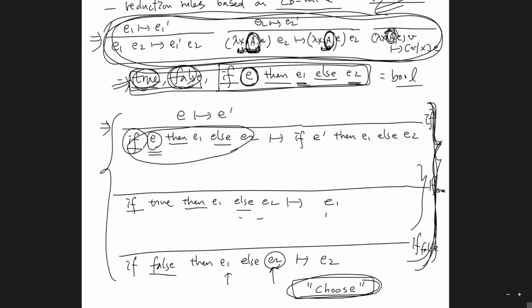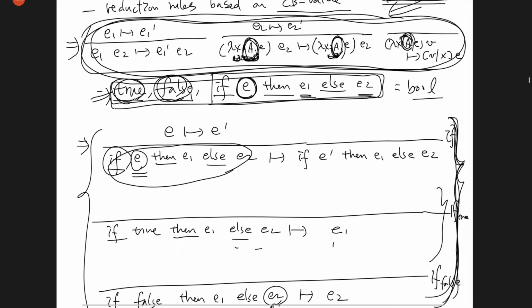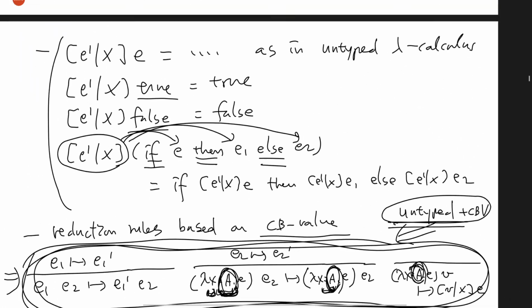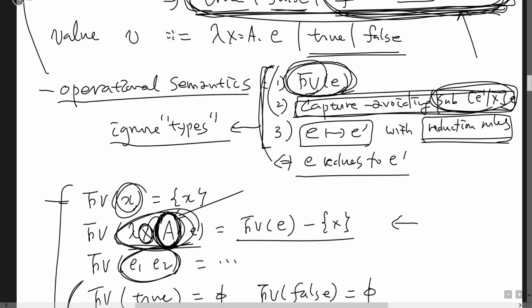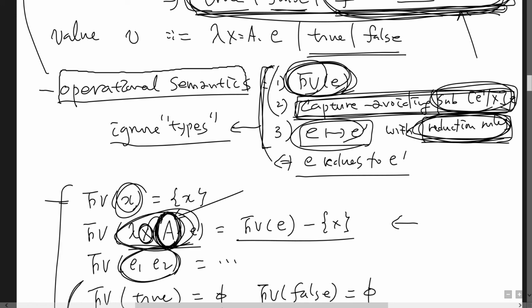And this completes the formulation of operation semantics because we extended this free variable function, and also we extended this capture avoiding substitution, and finally we formulated the reduction judgment and reduction rules. So this is the operation semantics for the simply typed lambda calculus.